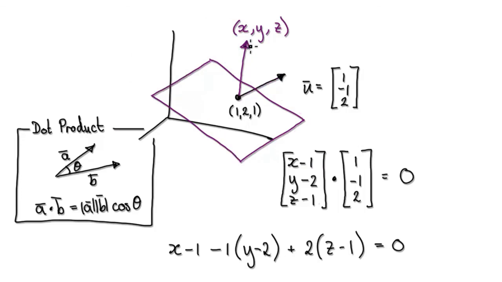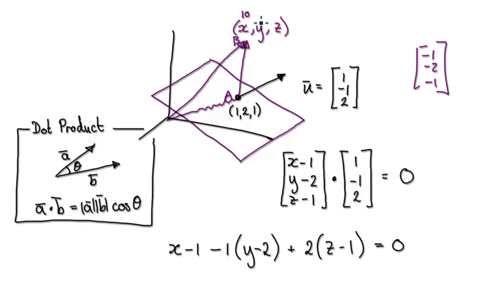So set up a general point x, y, z. You demand this vector here to be at 90 degrees to your normal vector. So what is the vector from A to B? Well, from A, walk back to the origin, so that would be (-1, -2, -1). That's you walking back to the origin, and then from the origin jump to your general point.